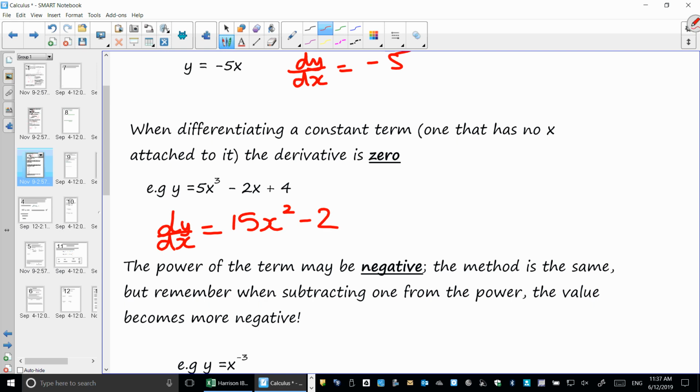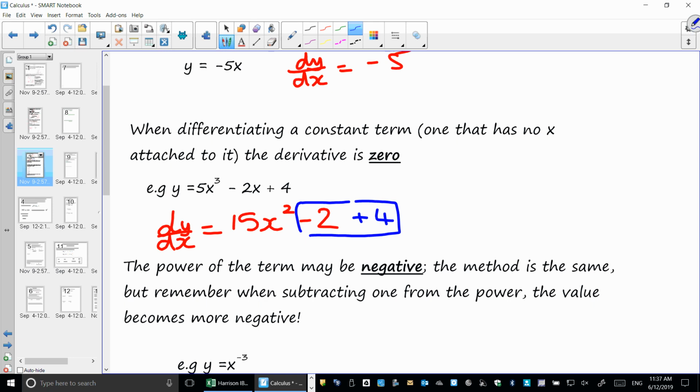Now, a tip for you, because it's the constant ones that people often forget about. If I have forgotten that the plus 4 ends up as being 0, I would have done 15x squared minus 2 plus 4. Okay? And you then look at that and say, oh, look, hang on a minute, I can join like terms. These two join together and I get plus 2.